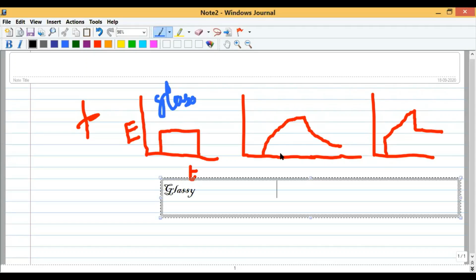And what is this represented by? So that is mainly a leathery substance, isn't it? And for this kind of material it is mainly rubbery material.